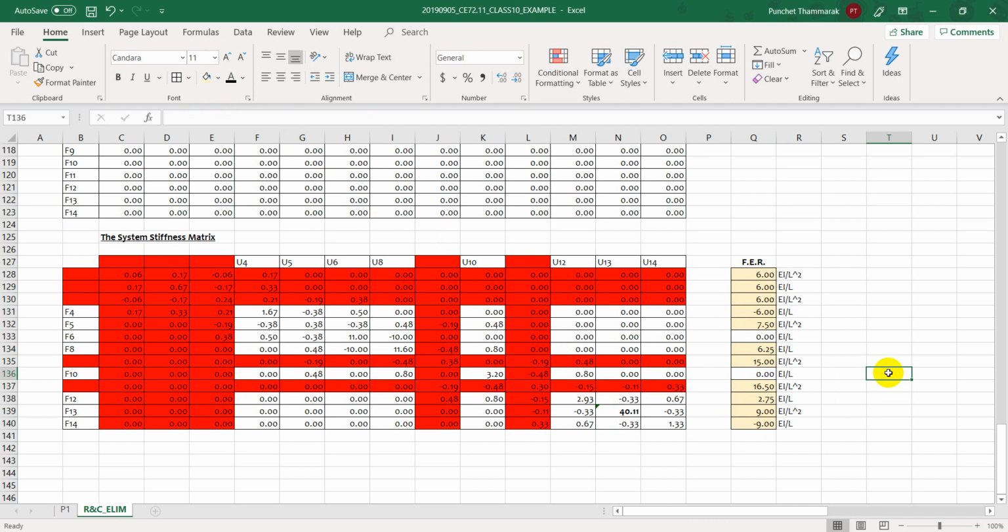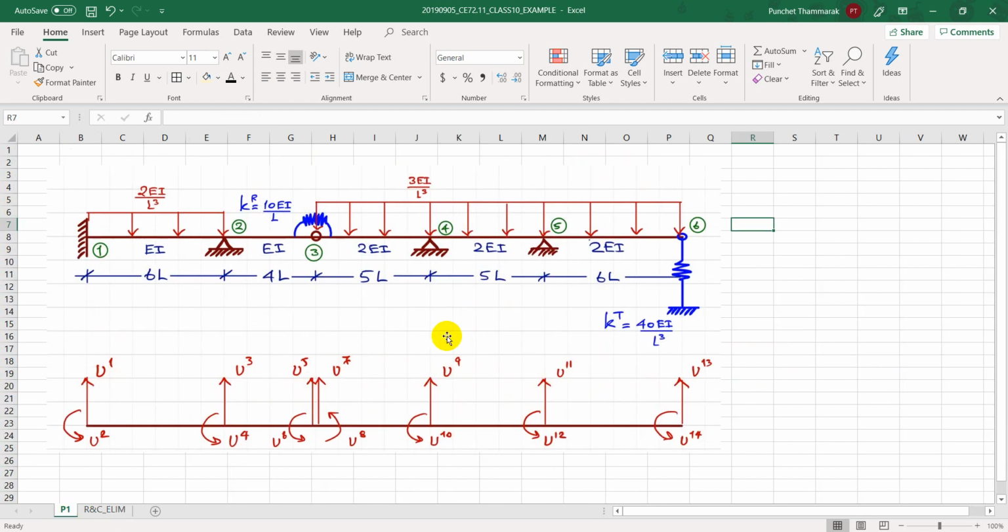Okay. This 0 is actually because of degree of freedom number 10, the rotation here. On the left side, you have the same span as the right side and the same magnitude, so the moments are balancing.